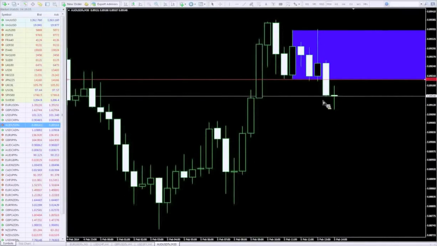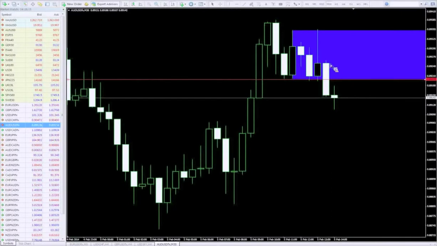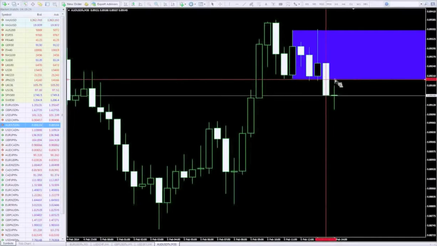I will mark the candle that appears to be breaking. Once this candle sticks its nose down below here, I'll put a mark on it. So once this candle shows me it's trying to break this box a little bit, I'll mark the candle with an X or a crosshair, which is why I call this a sniper trade.